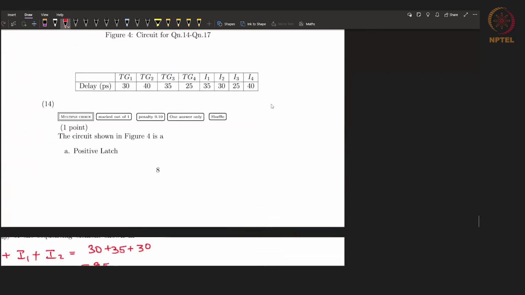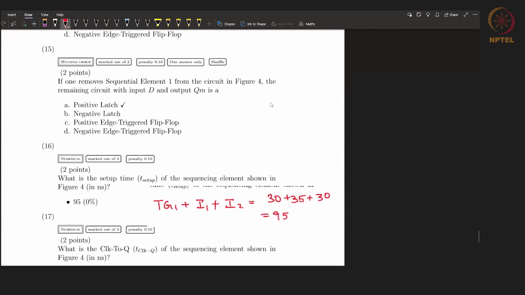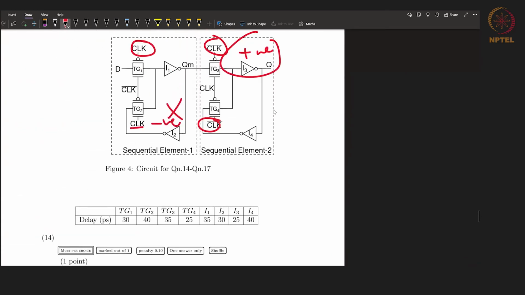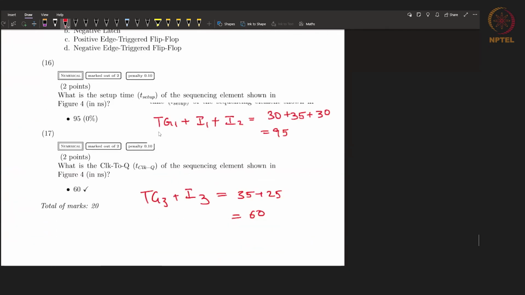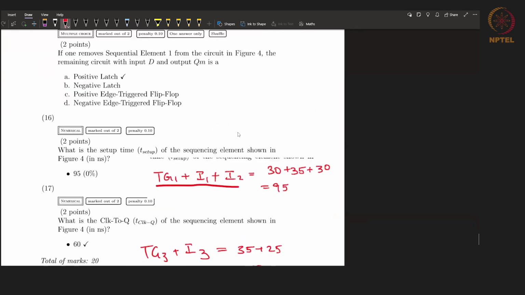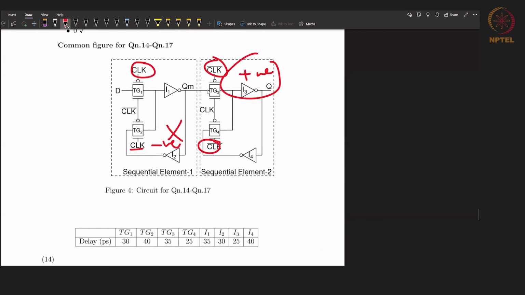So the positive latch remains. What is the setup of the sequencing element shown in figure 4? Setup time is the total time TG1 plus TI1 plus TI2. Basically, the setup time is the total time required for you to pass through TG1, I1, and I2.